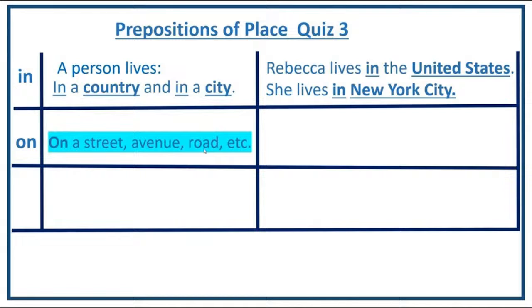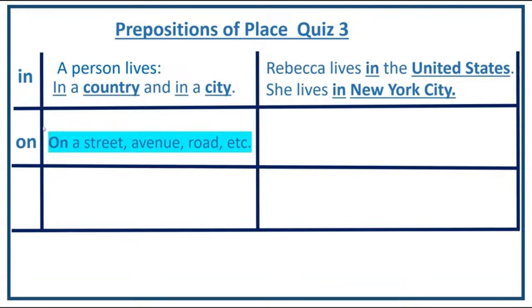As long as it is a road, avenue, or street, we use on. On Tasabal Road, on Adelaide Avenue, on Arthur Street, on Arthur Avenue, or on Arthur Road.